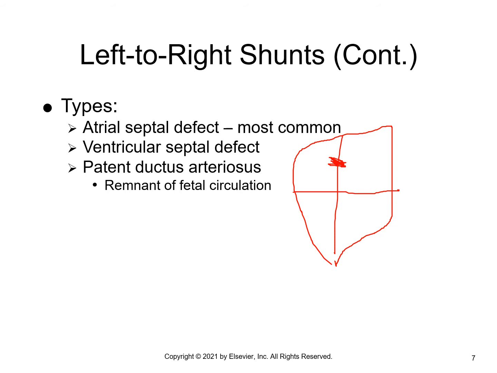Okay, so now one of the reasons you can sometimes see an atrial septal defect is because in fetal circulation there is a natural opening called the foramen ovale between the left and right atria. And that's purposeful in our bodies because fetuses are not oxygenating their blood in the lungs.